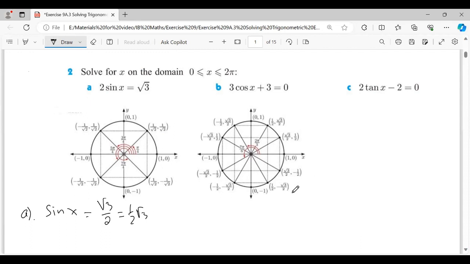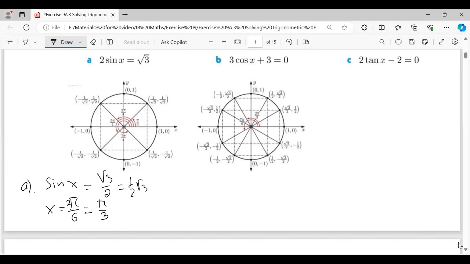Square root 3 over 2, we could see the sine x, this one. x equals 2 over 6 pi, or pi over 3, and as well this one.